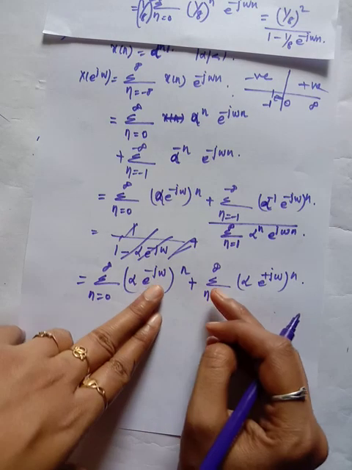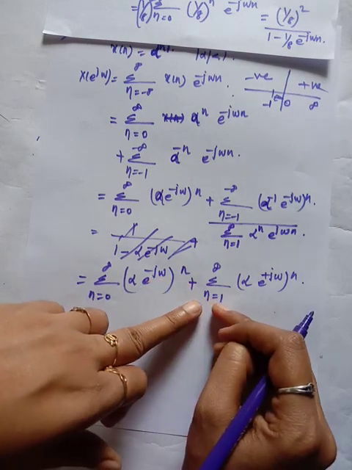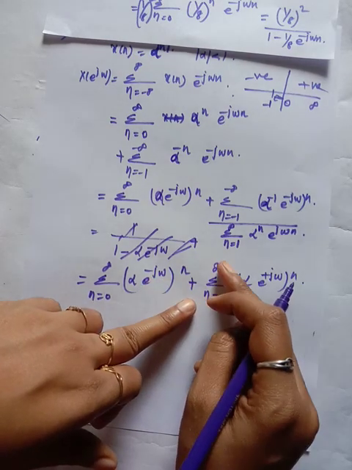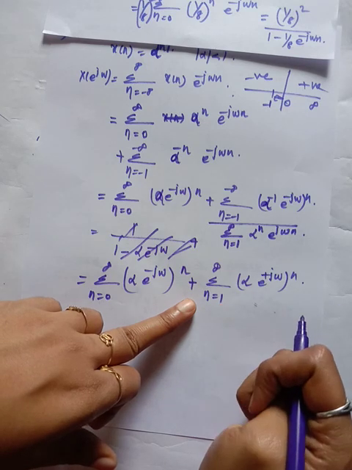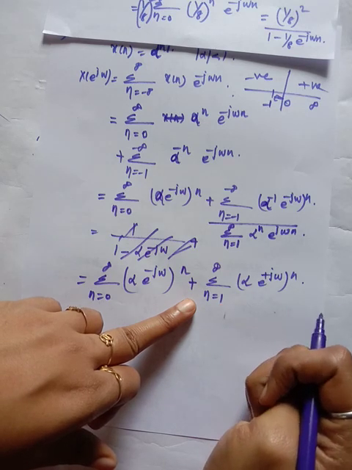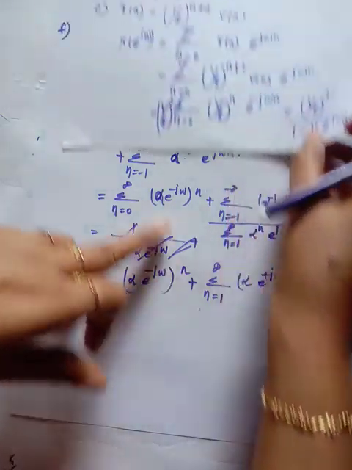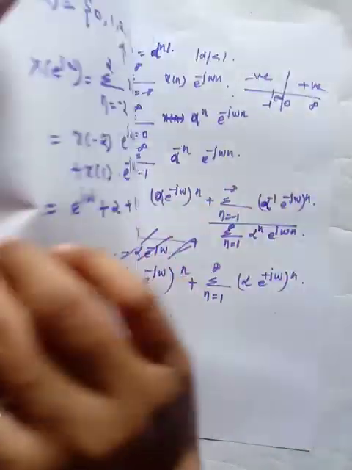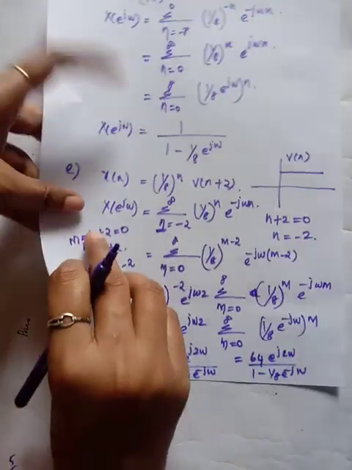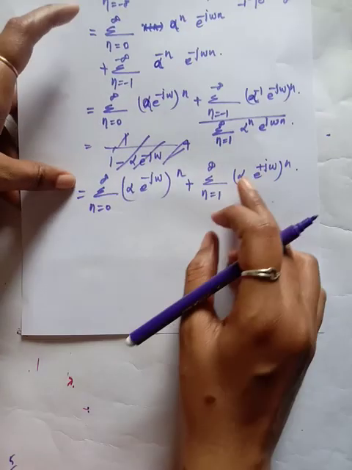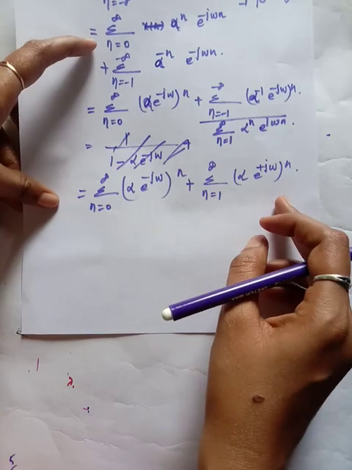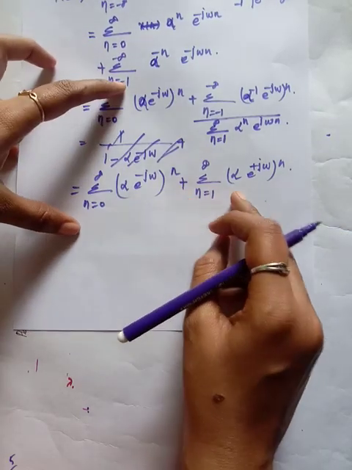Now, in order to apply this formula I need the summation to start from n equals 0 to infinity. For that case we can either use this method, or we can add or subtract the term at n equals 0.